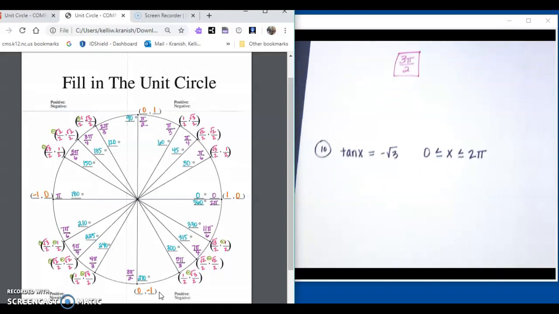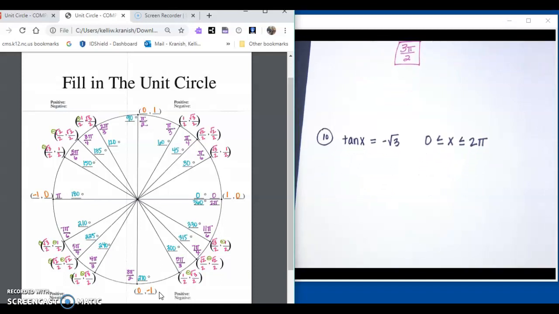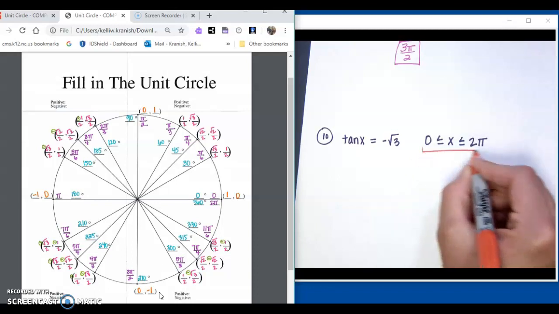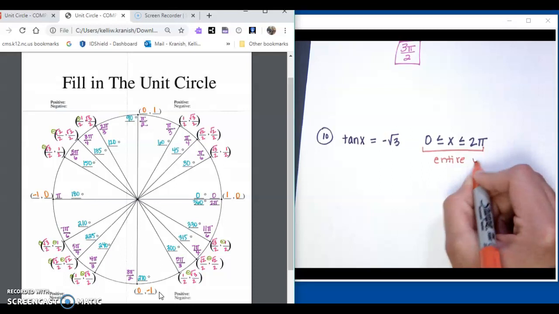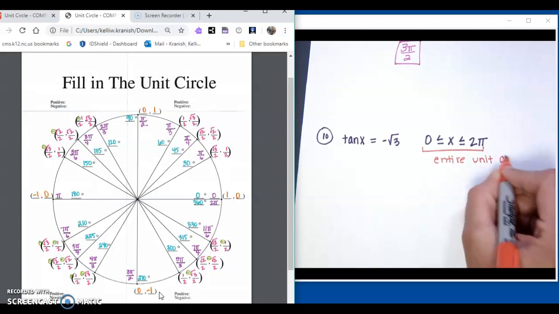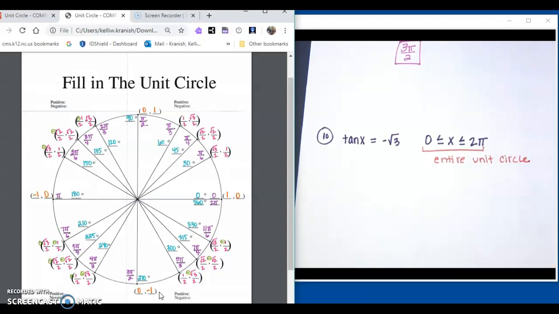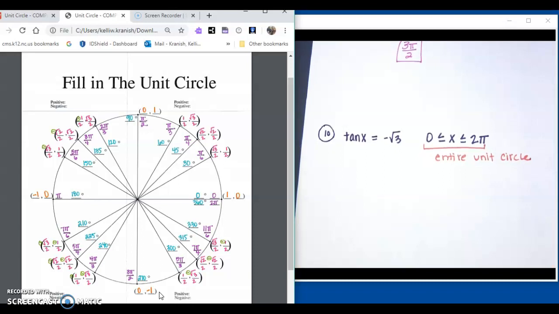Alright, so then if you take a look at number 10, we have tangent x equals -square root of 3. So it is solved for tangent. That's equal to -square root of 3. We are looking from 0 to 2 pi, so once again it's the entire unit circle, which means there's a potential that we will have multiple answers, so 2 answers.